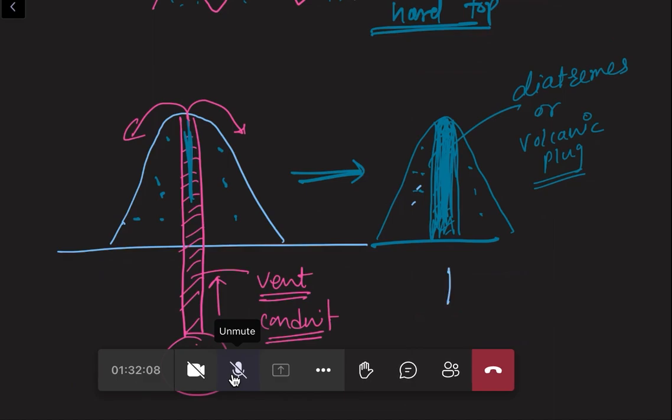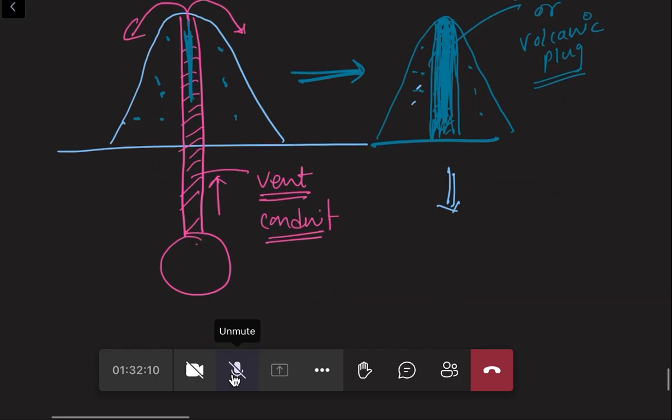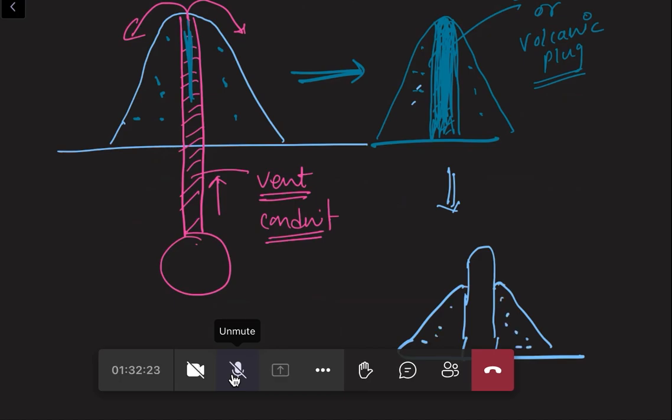Slowly, what happens? The outside rock, which is softer, leads to more erosion. So the volcanic plug remains as it is, and the other material gets eroded. The outside starts eroding faster, but the volcanic plug remains intact.